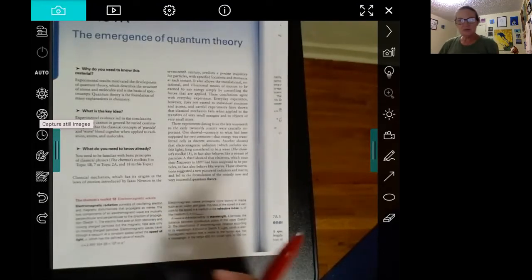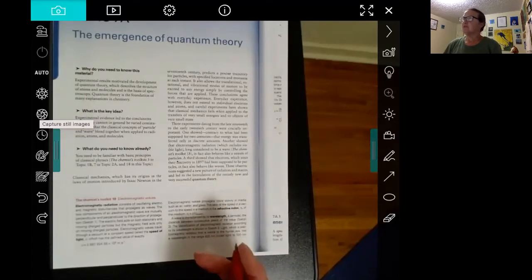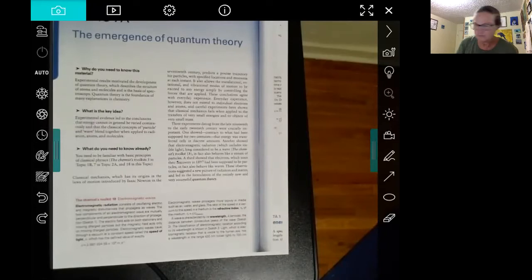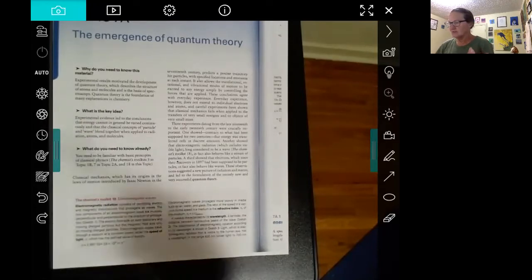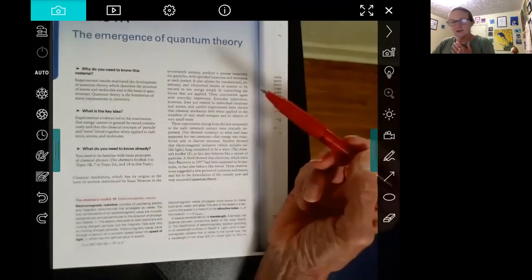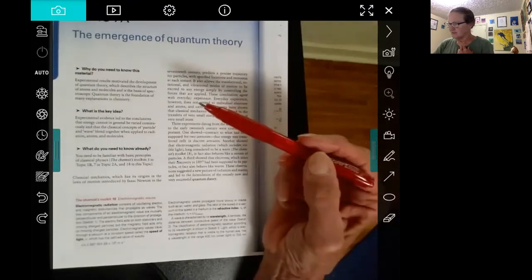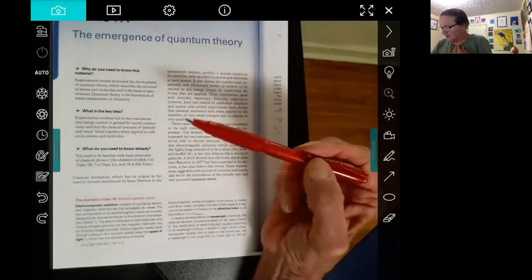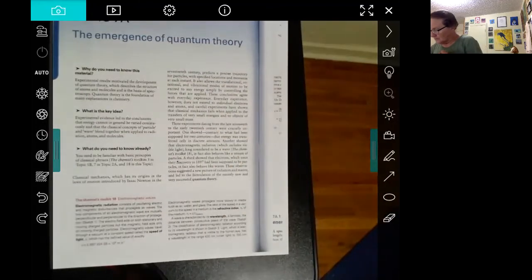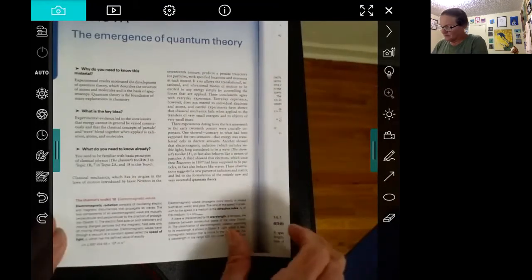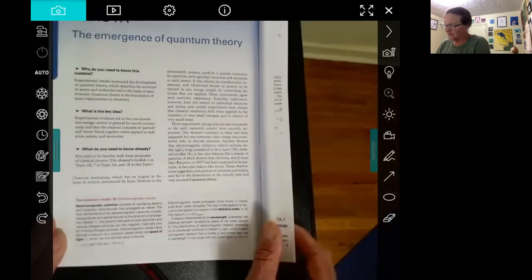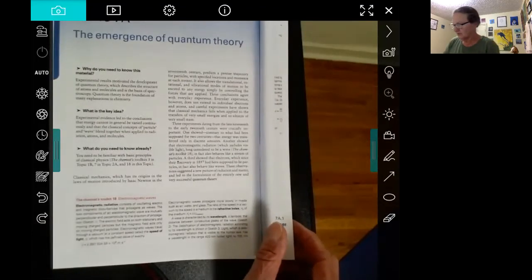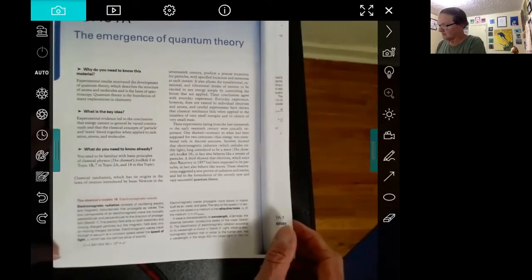Experiments were being done for the first time in the early 1900s with new equipment, so it was understood that classical mechanics couldn't be used to understand atoms and molecules. Each of these always tells you what you need to be familiar with. I will make sure we don't go in an order that you're not going to be ready to learn something.